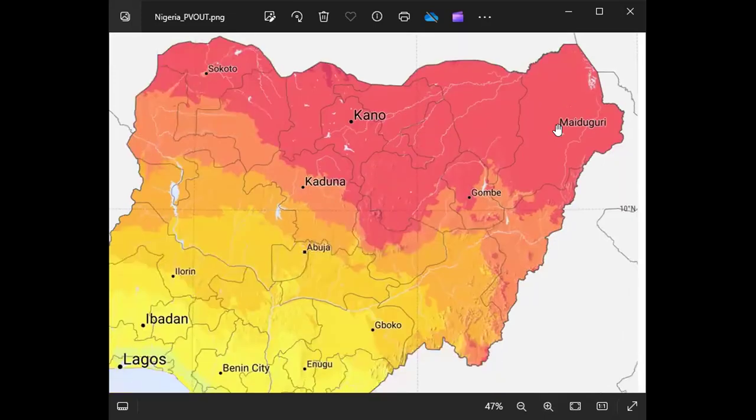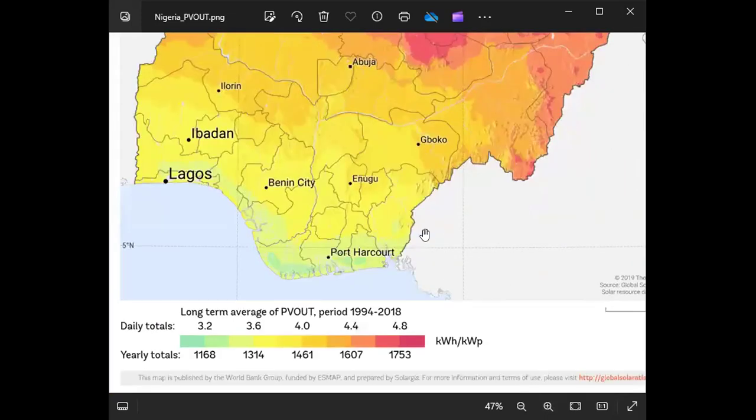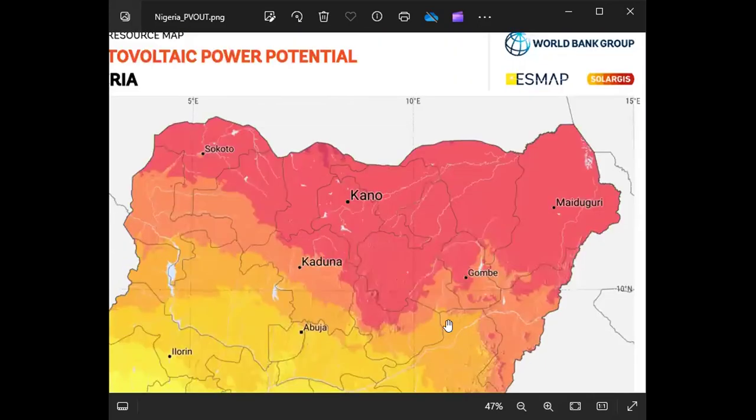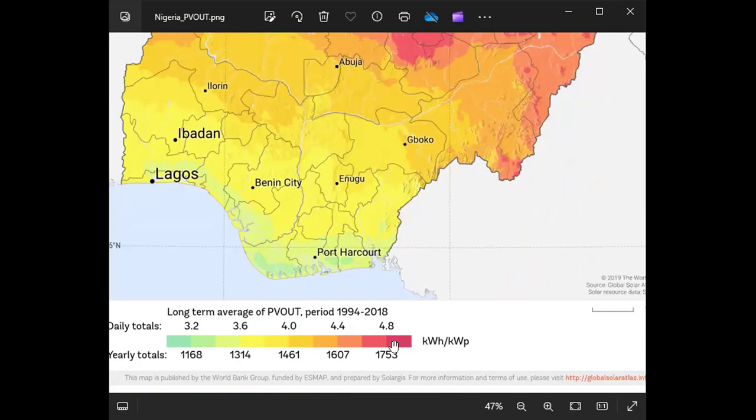And it clearly says on this map that if you are in the red zone like Maiduguri and you have 1 kilowatt of solar capacity, you can get up to 4.8 kilowatt hours of energy per day.